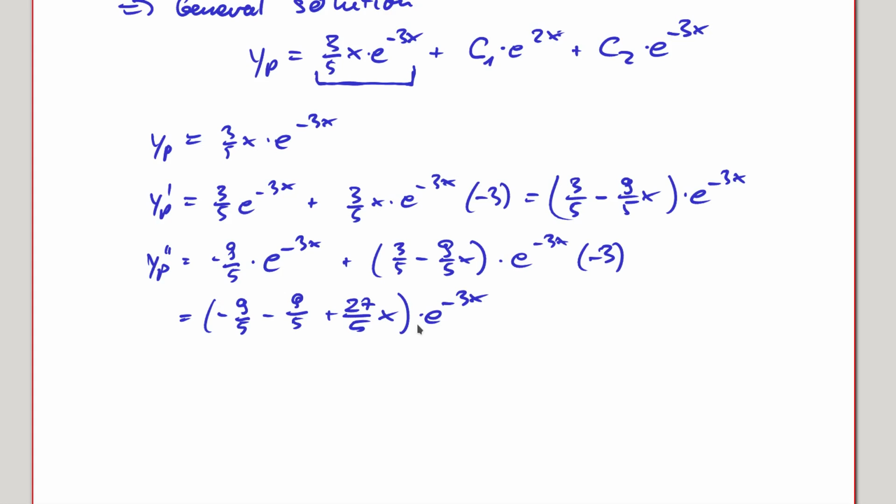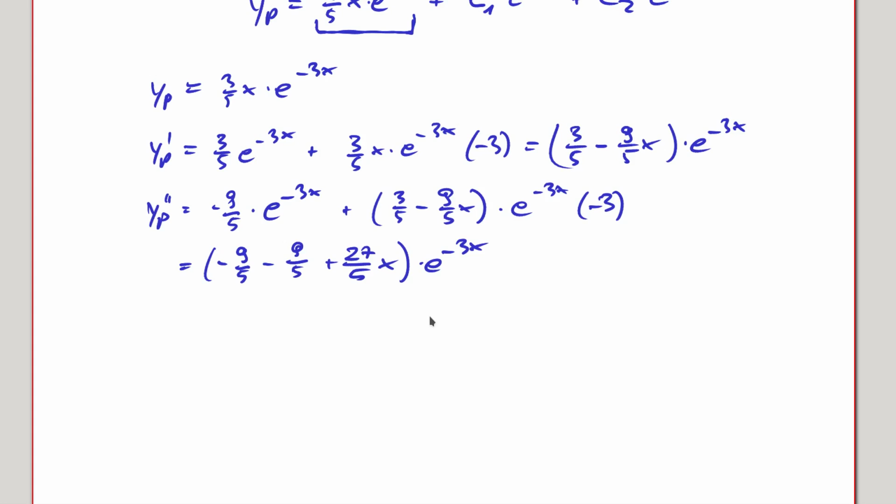And let's see what happens if we plug this into our differential equation again. The differential equation was y double prime plus y prime minus 6y, and this shall be minus 3 times e to the power of minus 3x. Let's take this sum and plug in our values for yp. What we have is e to the power of minus 3x as a common term for all functions.